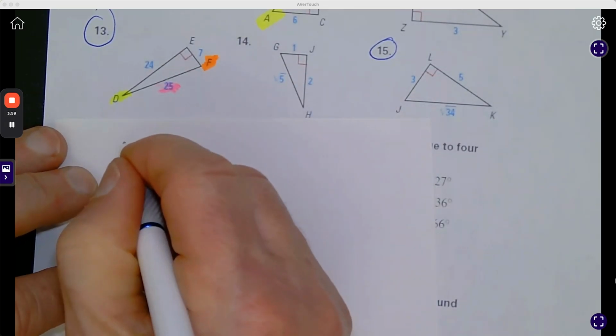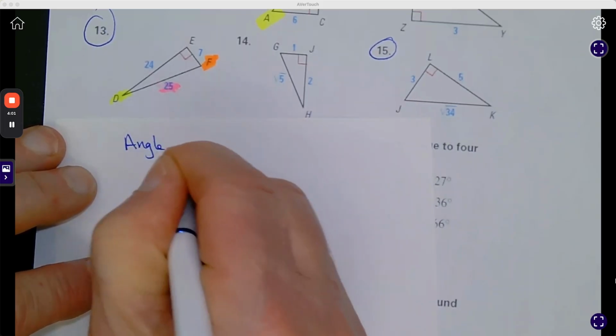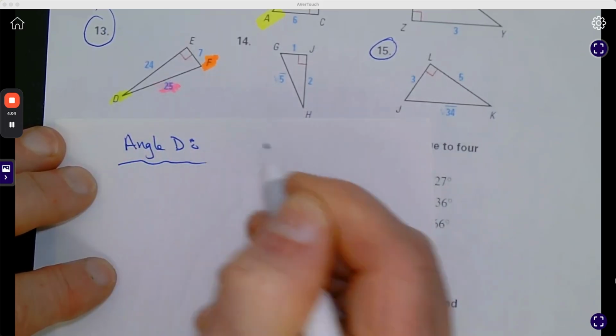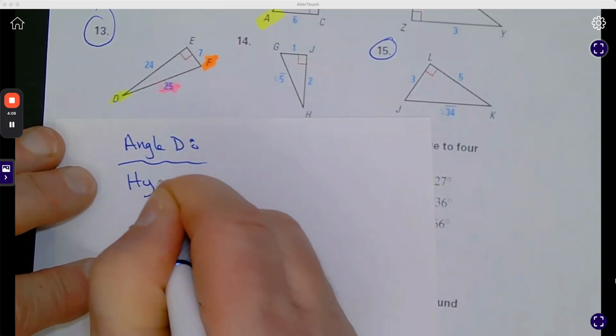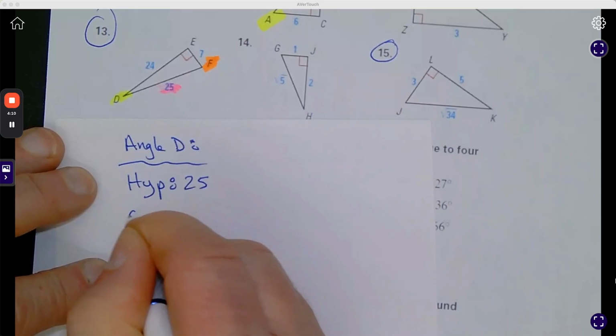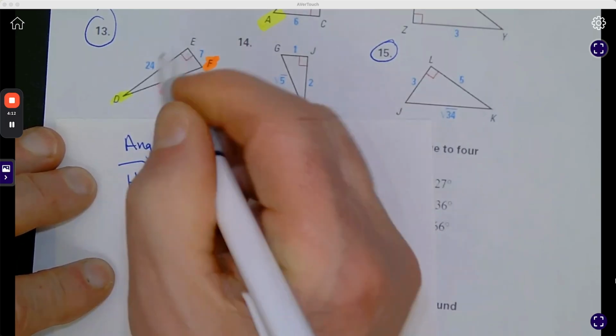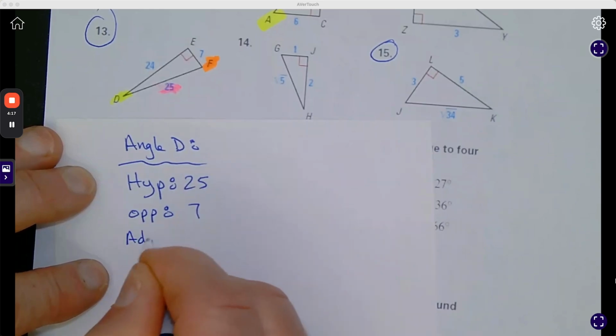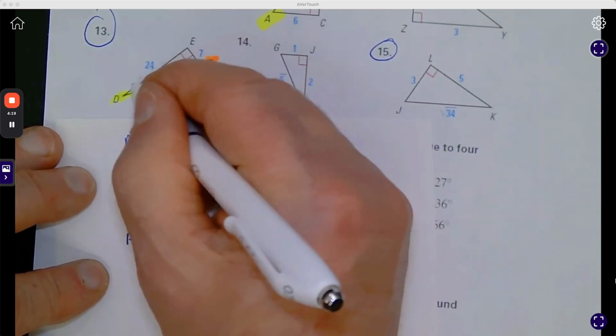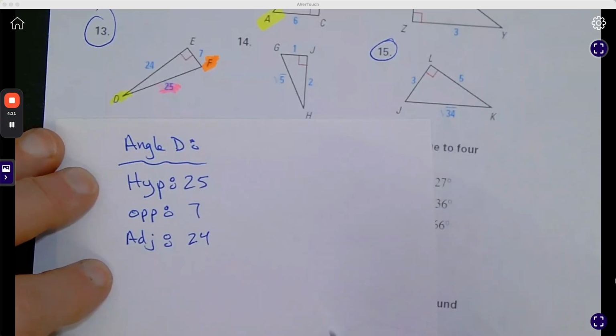Now, I'm going to start with angle D. The hypotenuse is always the hypotenuse. It's 25. Opposite is across from, 7. And adjacent is the leg next to it, 24. All right.